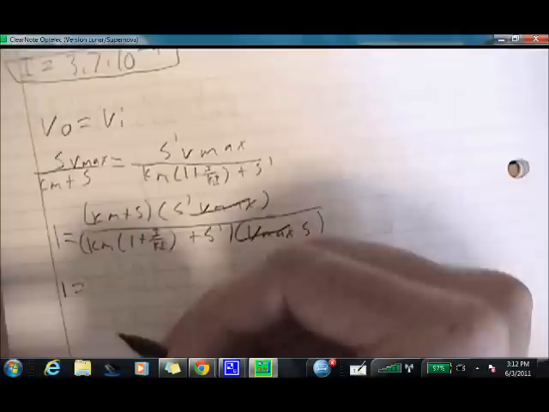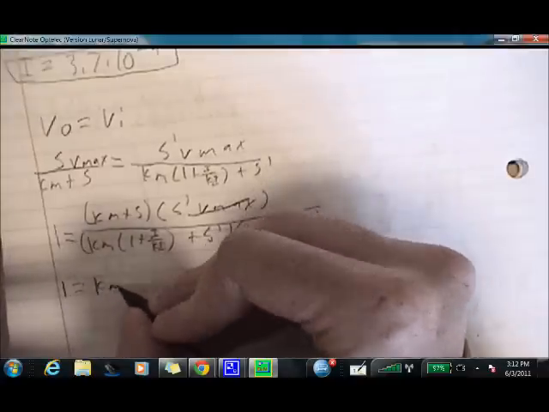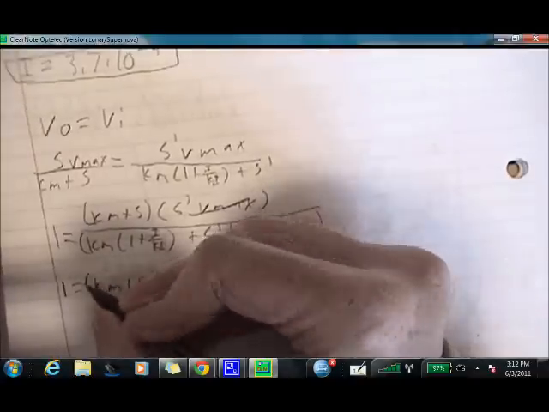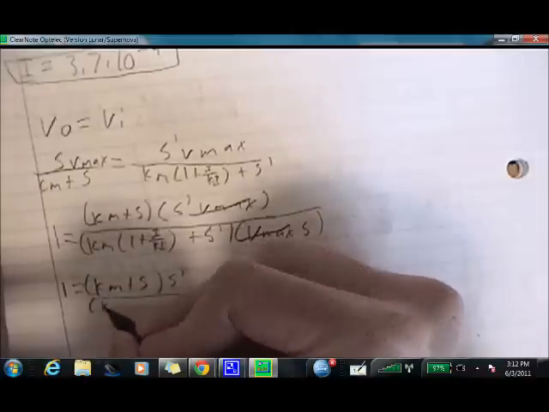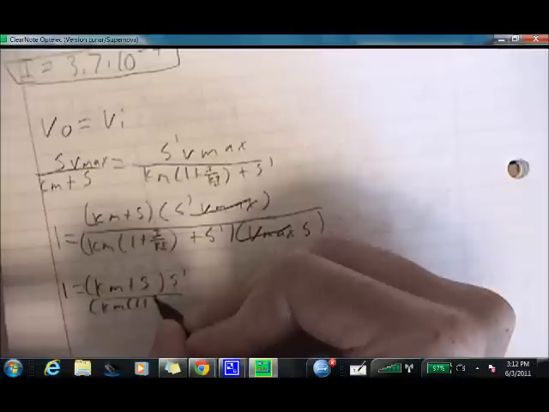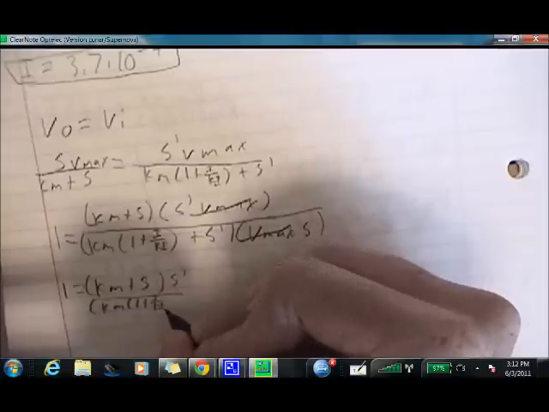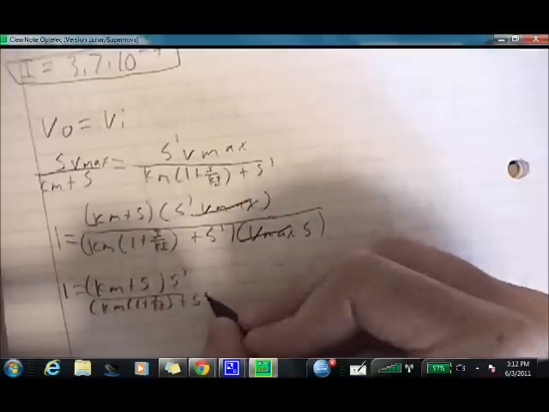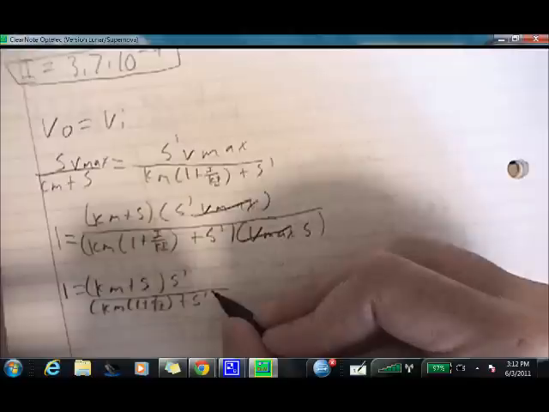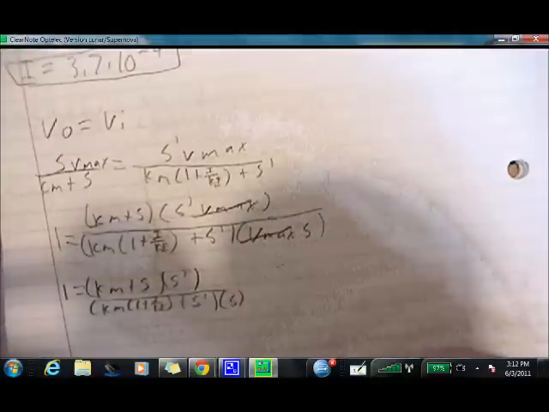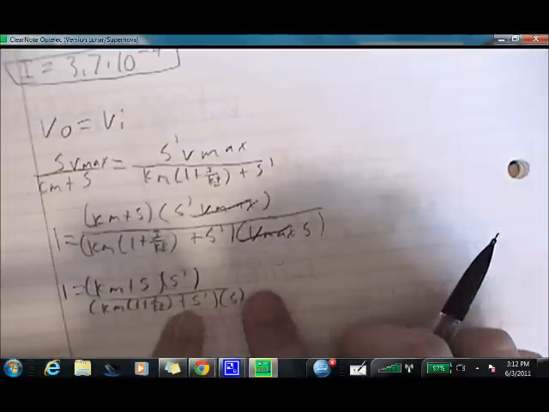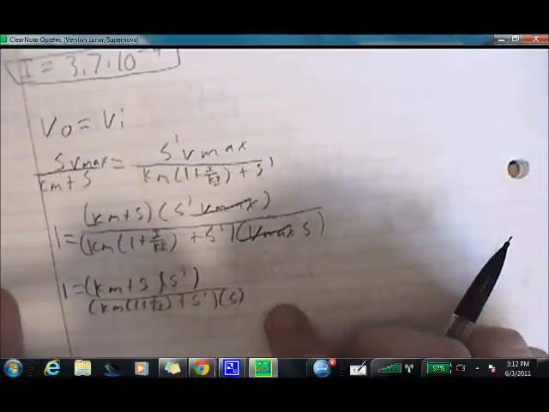So now it's going to be Km plus S prime divided by Km 1 plus I over Ki plus S prime, times S. I said I was going to distribute these out, but I changed my mind. So now I'm going to multiply this side. I'm going to set these equal to each other.